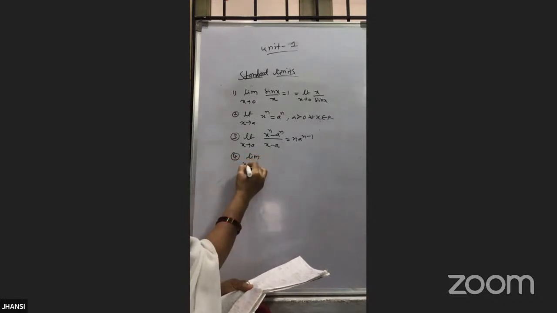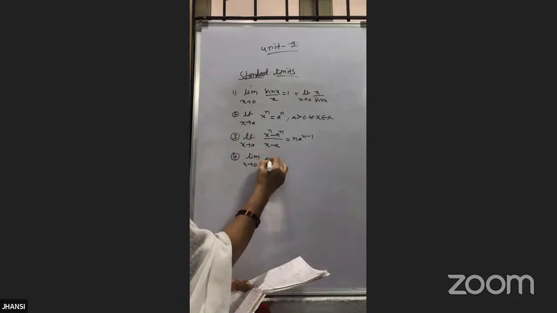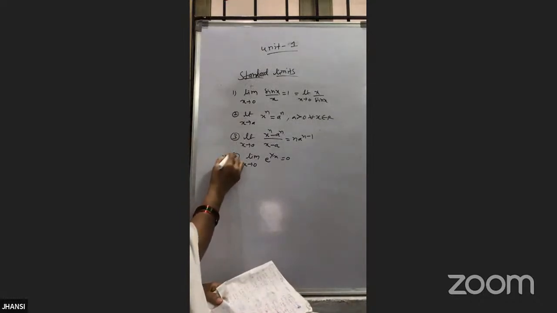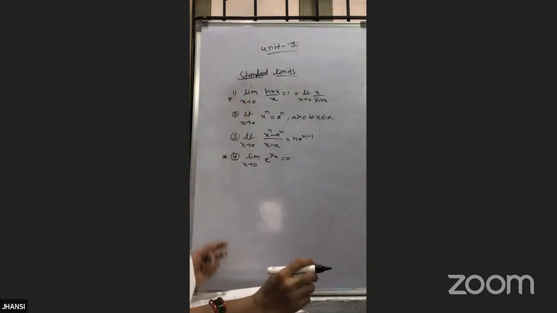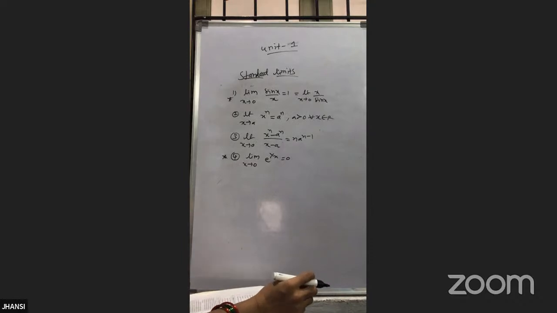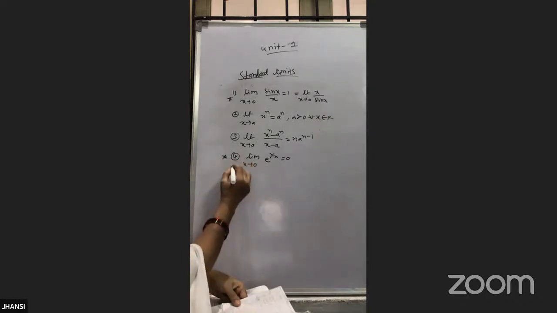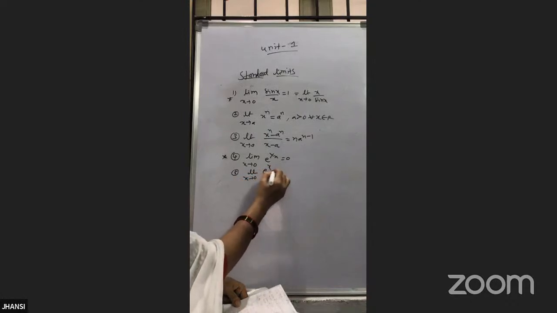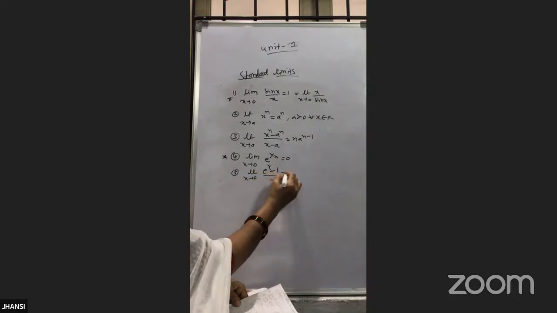Limit of e to the power of 1 by x equals 0. This is the important one, and this is the important one. You will get these in the objective type. Next, limit of e to the power of x by x equals 1.